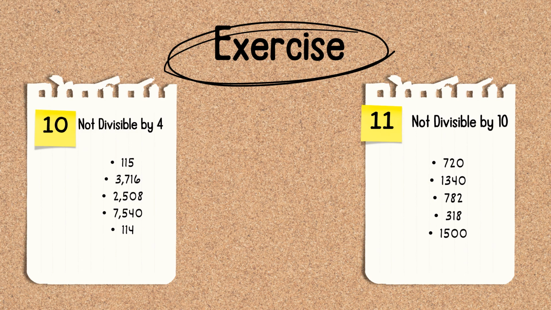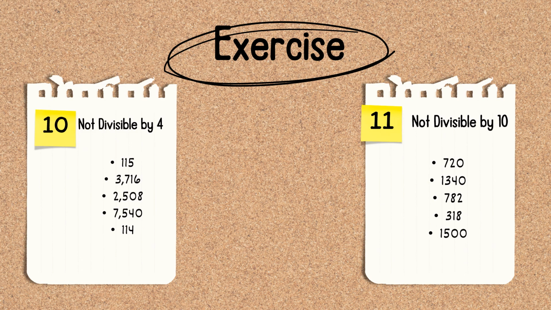2,508. 8 is divisible by 4. This number doesn't achieve the requirement of the question. It is out. We will not take it. 7,440. 40 is divisible by 4.